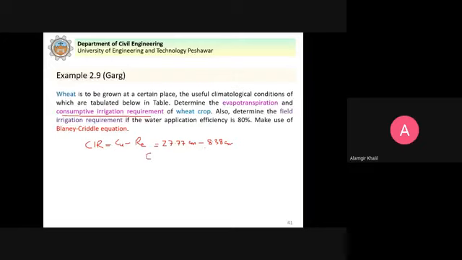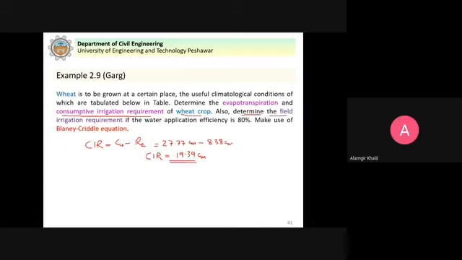So from here CIR, the consumptive irrigation requirement, is equal to 19.39 centimeter. This is for the wheat crop.